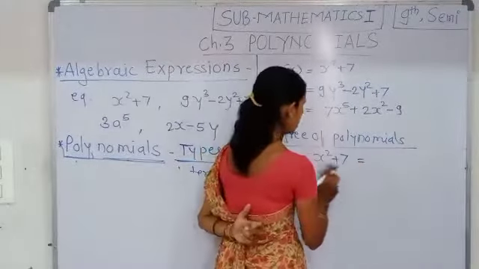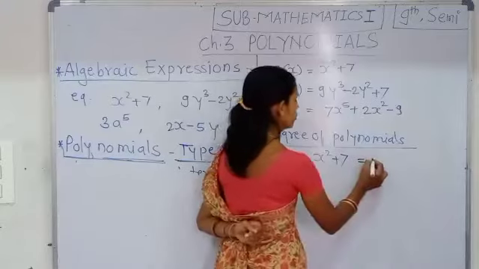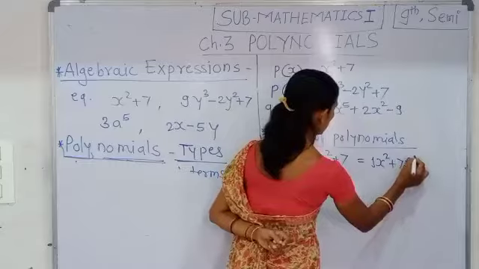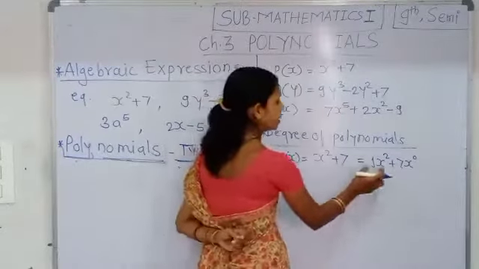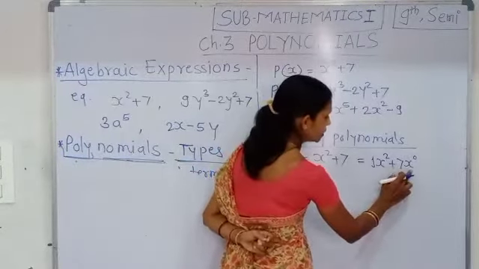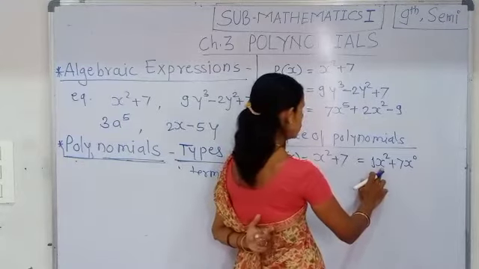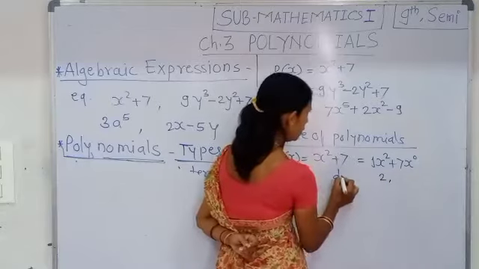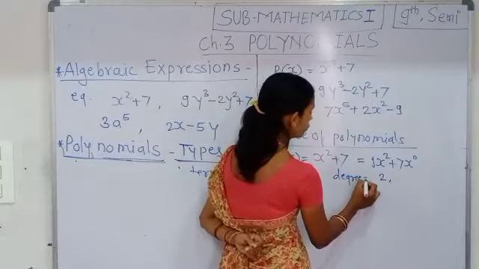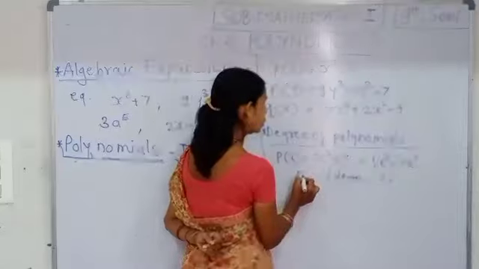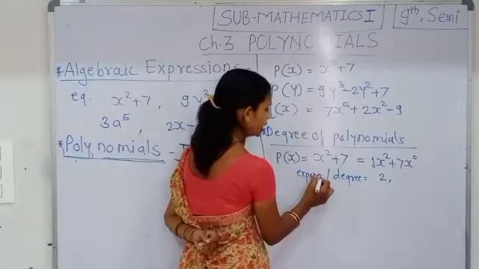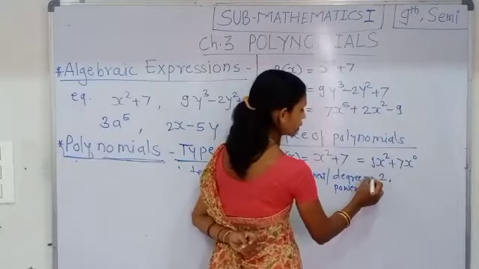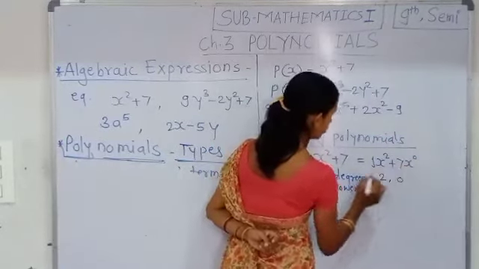Therefore, that polynomial is written like this: 1x square plus 7x raised to 0. That means there are two terms in which the x variable is there, and here the degree, that is the power or exponent, of the x variable is 2 as well as 0.